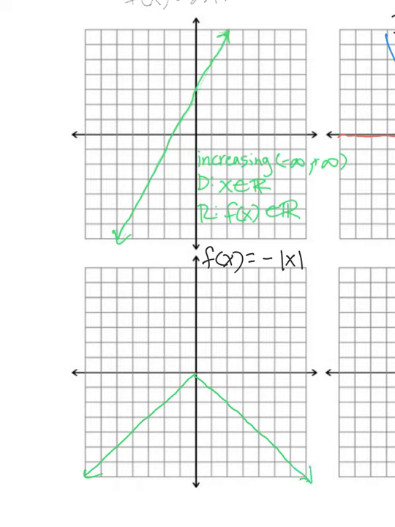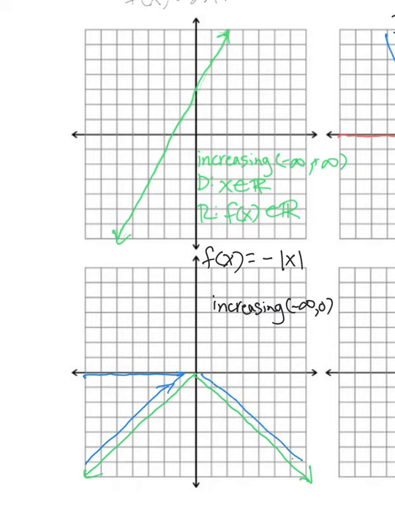Let's analyze this. Notice here at the very start, it is increasing. If we are starting from the left, it increases, it is going up. So we can say increasing from negative infinity to 0, and then from there it starts to go down.